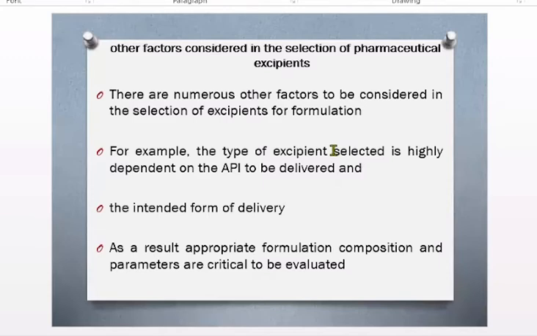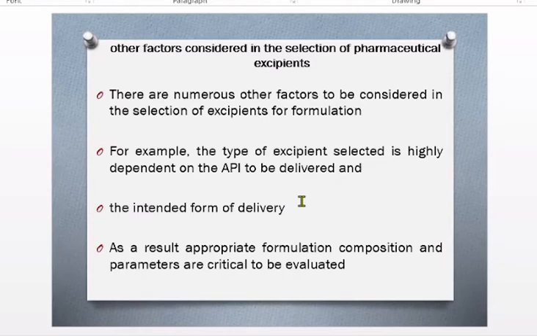Ideally, what you are looking for is an excipient which will easily allow the active pharmaceutical ingredients to be delivered to a particular environment. Also, the intended form of delivery. That's why we get to see that there are different categories of excipients.